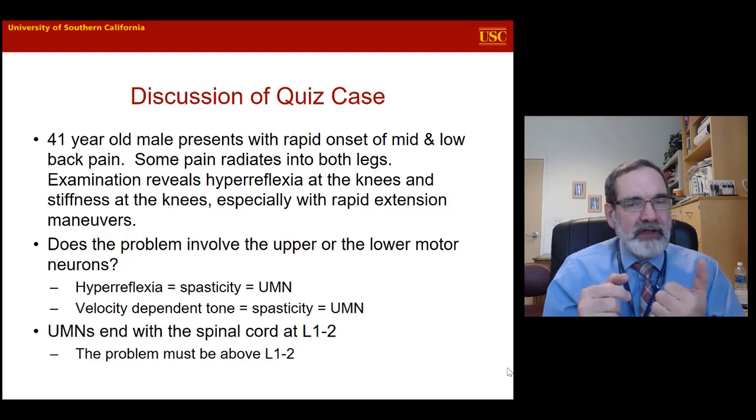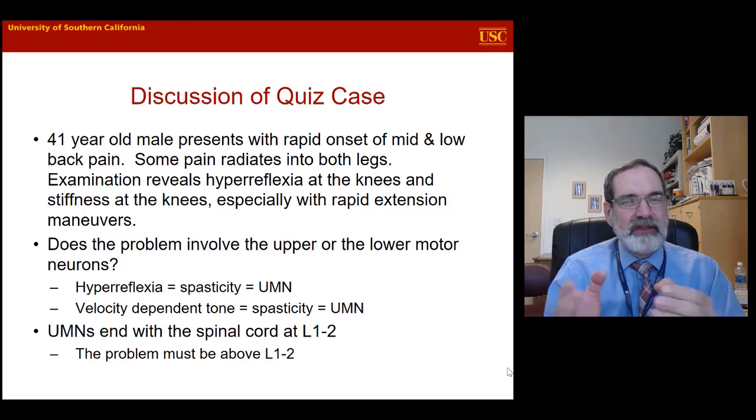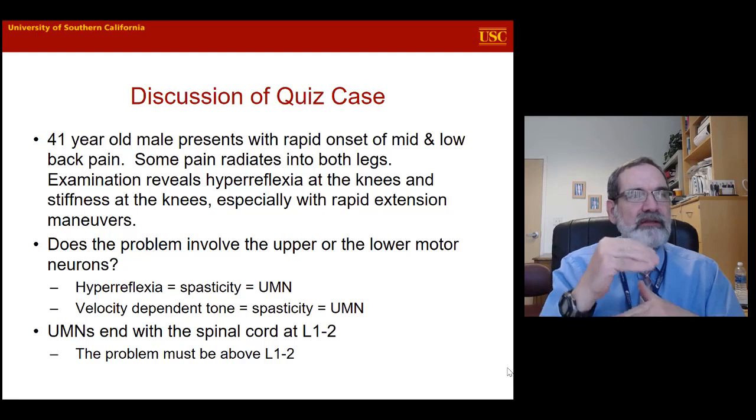Upper motor neurons end with the end of the spinal cord. Okay, once a nerve leaves the spinal cord, it's not an upper motor neuron, that's a lower motor neuron. The spinal cord ends at L1, L2. So if we are dealing with an upper motor neuron problem, we are dealing with a problem that is above L1 or L2.